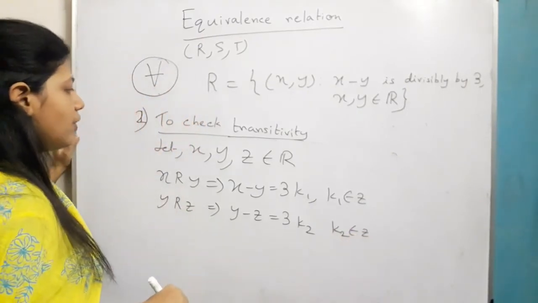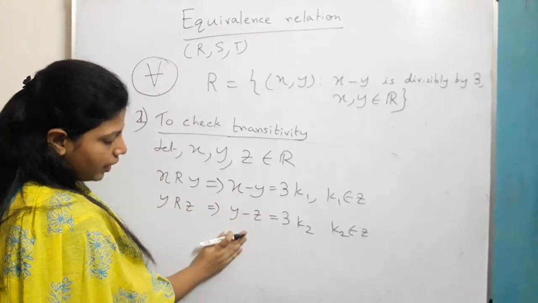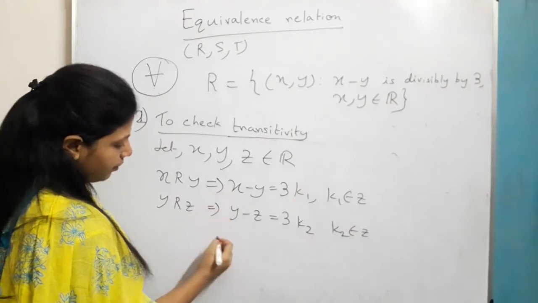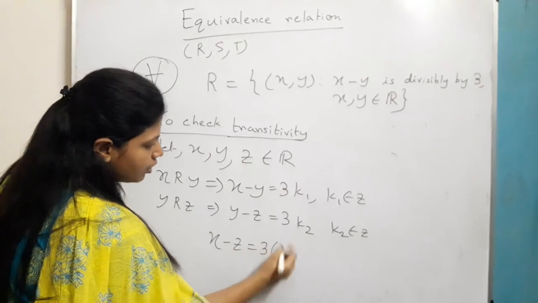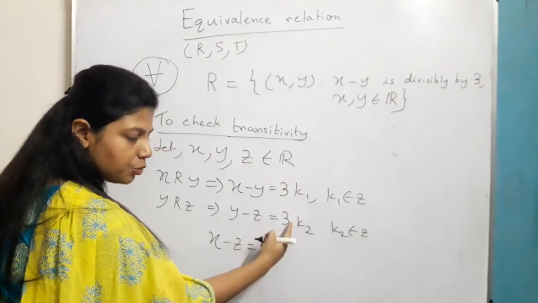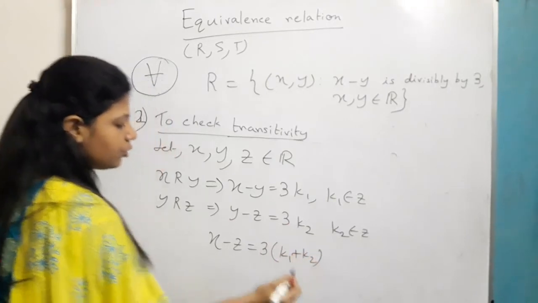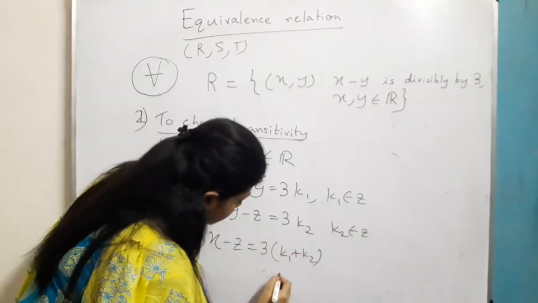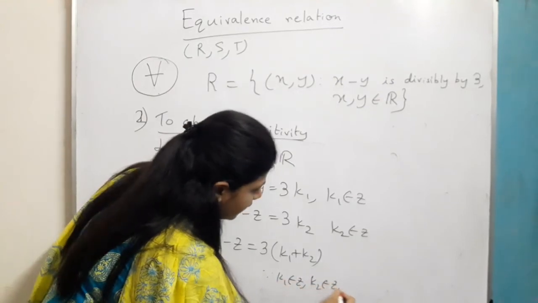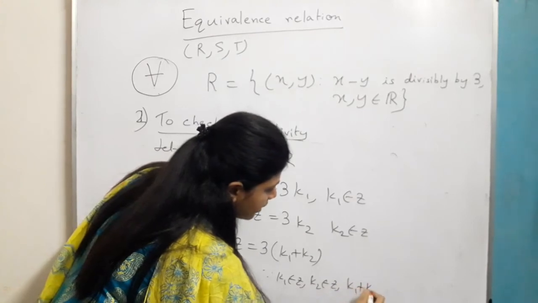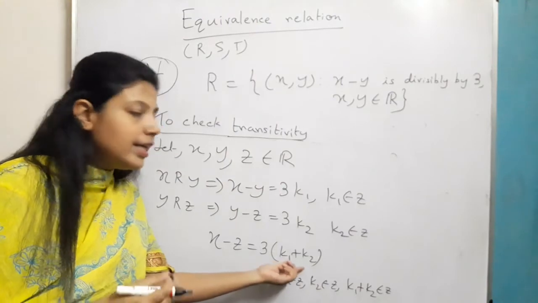Now I will check this one for x and z. If you will observe this one properly, I will add both of them. Then what will I get? x minus z equals 3k1 plus 3k2. I will take common 3. So k1 plus k2. Now since k1 belongs to Z and k2 belongs to Z, k1 plus k2 belongs to Z. That means 3 into some integer.